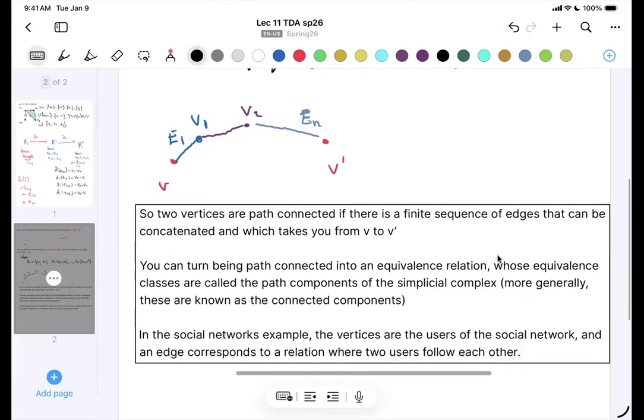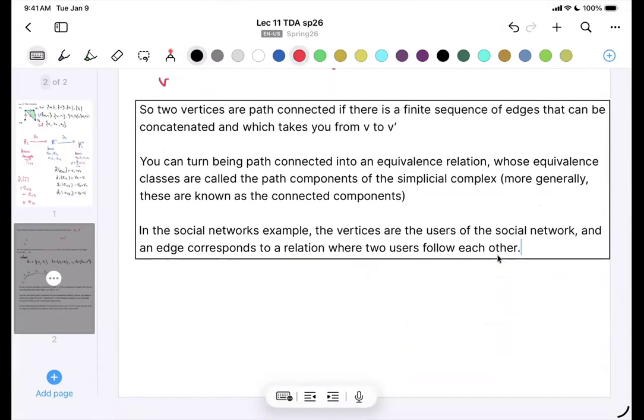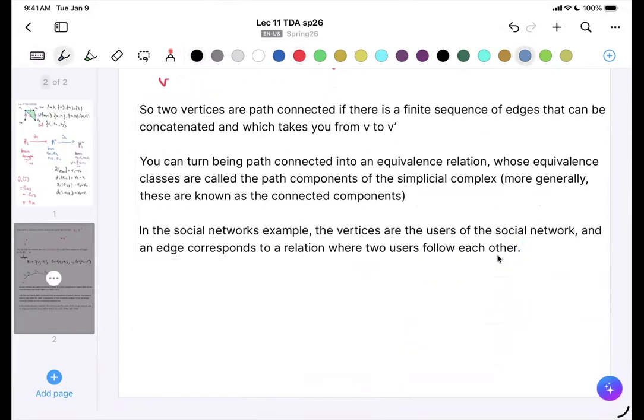So again, just to do something more pictorial, if you had a classroom of students, you could have a really popular person who follows many people, and they follow him back, because I'm thinking about it as a mutual relation.